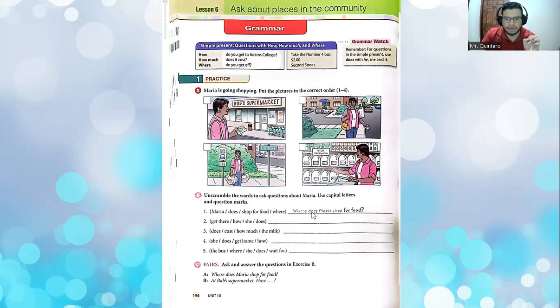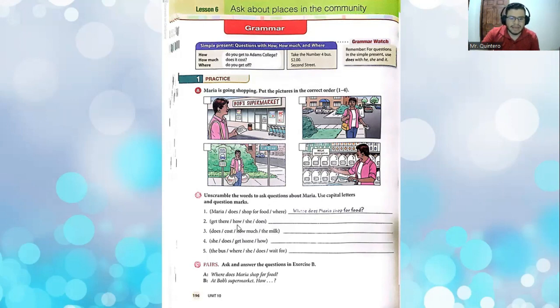Then we have the auxiliary does, porque estamos hablando de ella. Then the subject pronoun, el pronombre sujeto. En este caso, si utilizamos pronombre sujeto, we're gonna say she. En vez de decir María, diríamos she. O utilizamos el sustantivo, que en ese caso es María, ¿verdad? And the last part, el verbo y el complemento. Shop for food. Where does Maria shop for food?